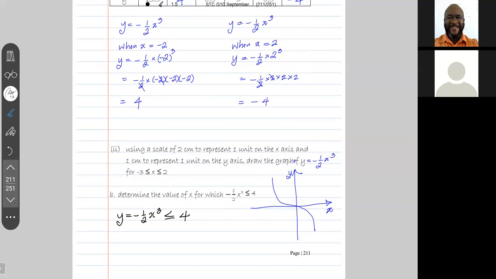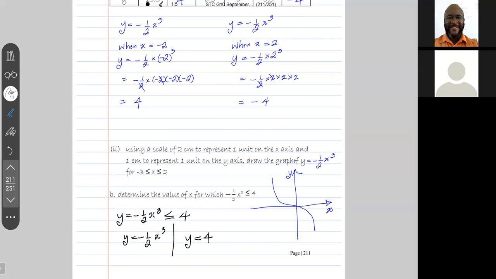Now, this is an inequality we're being asked to use our graph to solve. If you're going to use your graph to solve an inequality, you have to draw the graph of the left-hand side, which is y is equal to minus a half x cubed. And you have to draw the graph of the right-hand side, y is equal to 4.